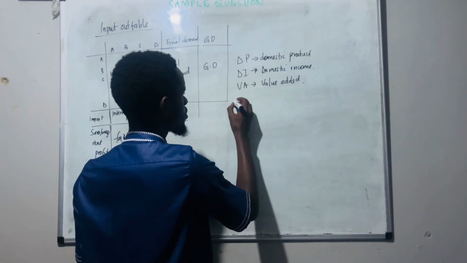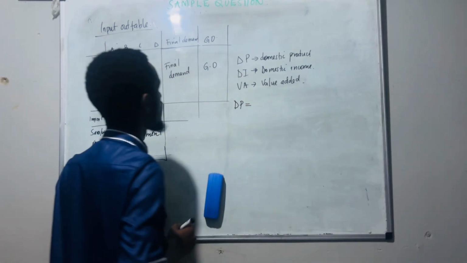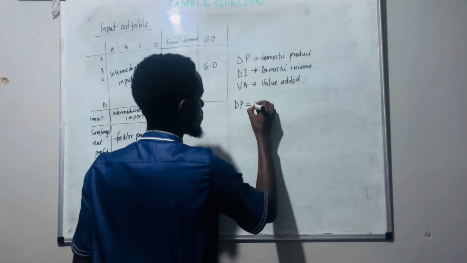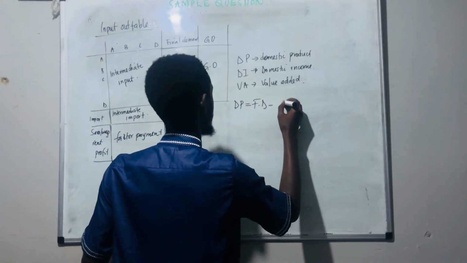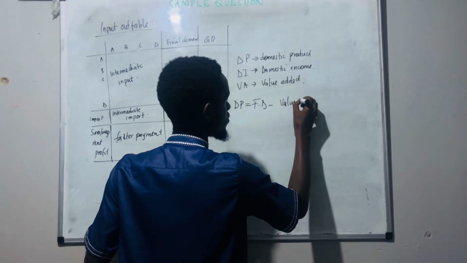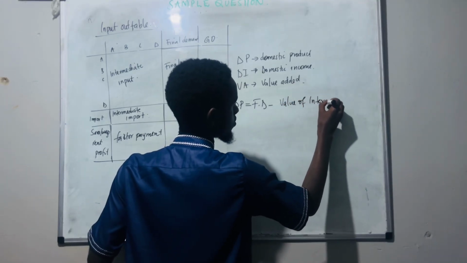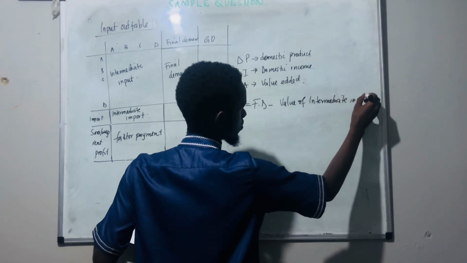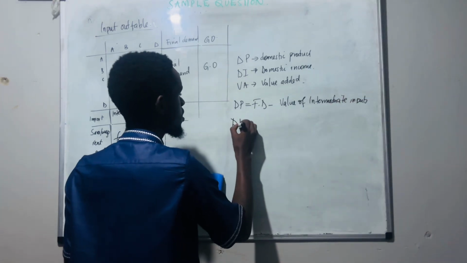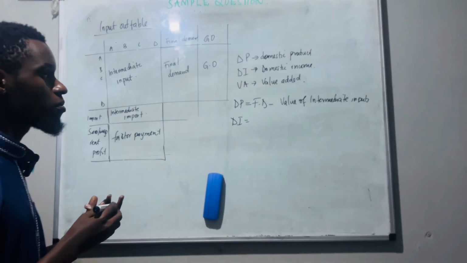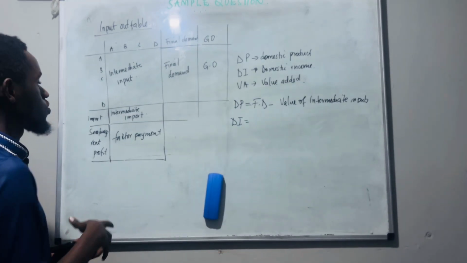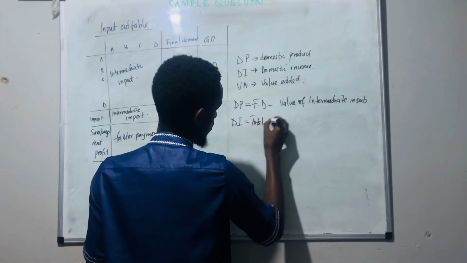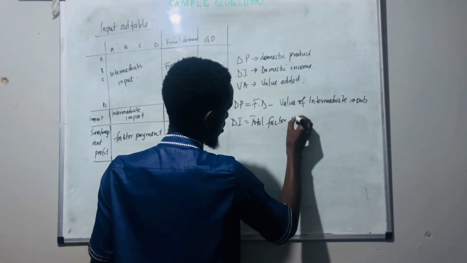For domestic product, I just need to find the final demand minus the value of intermediate inputs. What now of domestic income? Domestic income equals the sum of factor payments, or total factor payments.